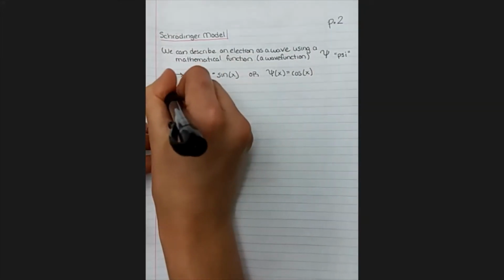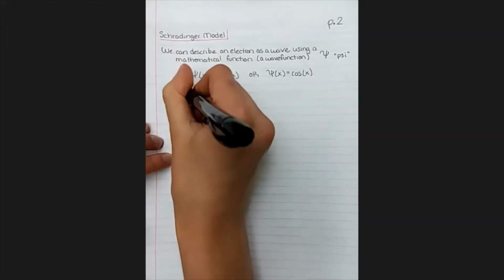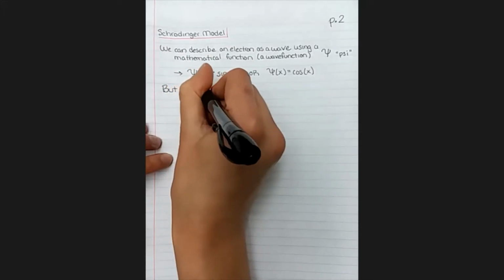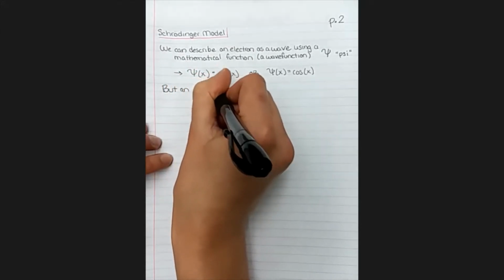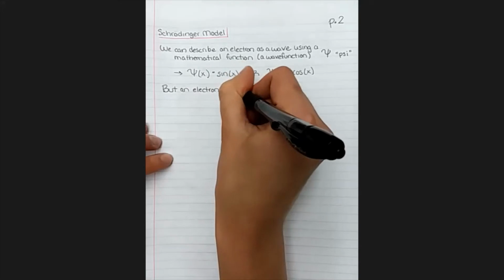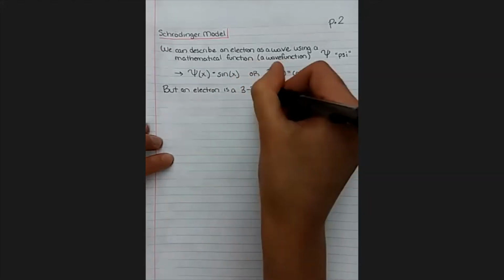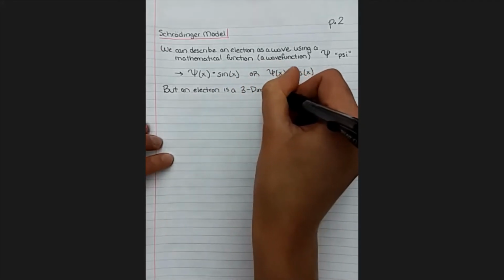But an electron is not a one-dimensional object. It exists in three-dimensional space. So an electron is a three-dimensional wave.